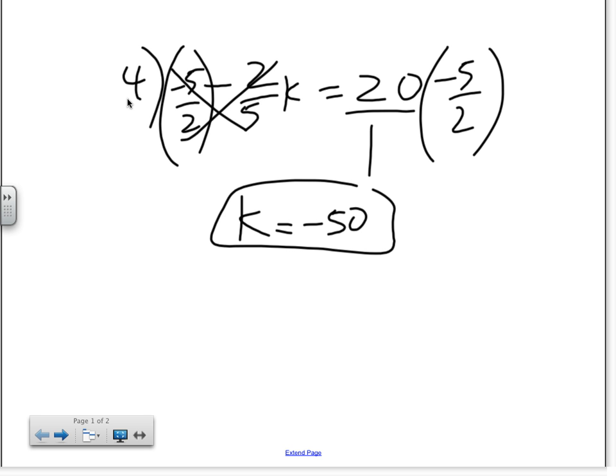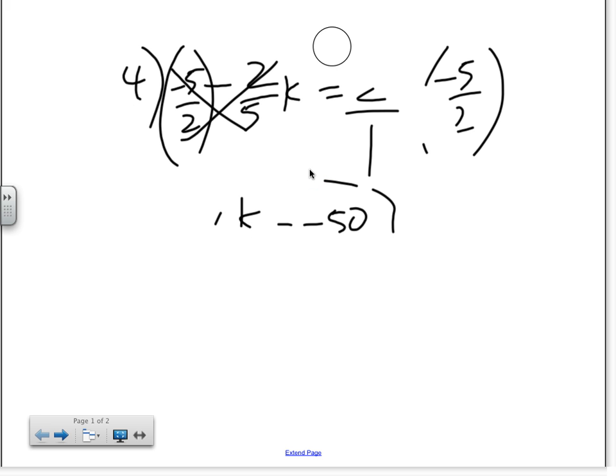Now, what's another way to solve this problem? Let's take a look. Do the LCD. Remember I reminded you about clearing fractions? If you see a fraction, you can clear it. What is the LCD here? 5.